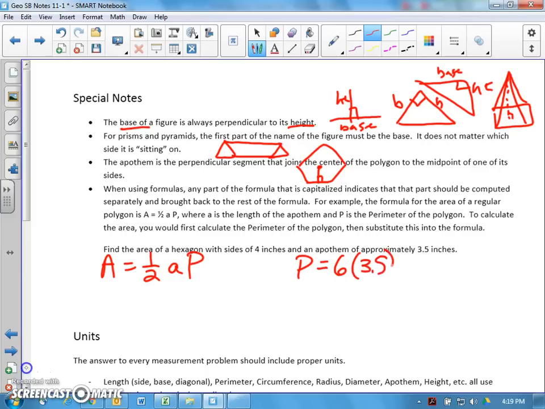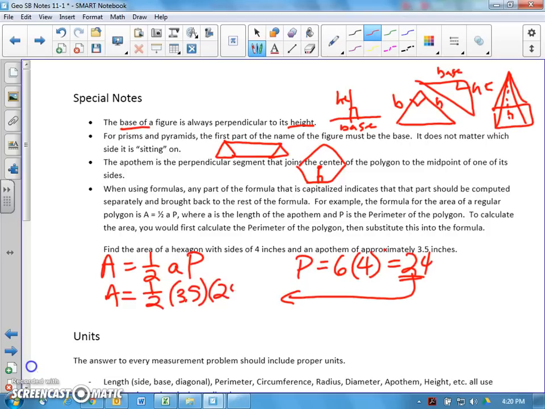Each side is 4 inches, so my perimeter would be 24 inches. Now I can bring this number back into my formula and calculate. My apothem's 3.5 inches. My perimeter is 24 inches. And I'm going to calculate this and find out that this is 42 square inches.